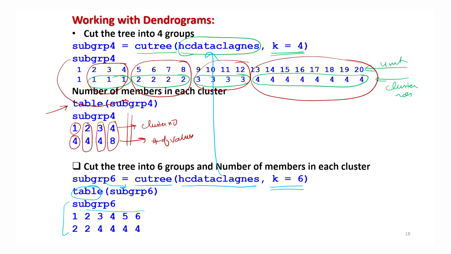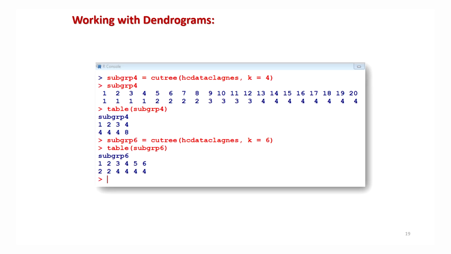Here 1 2 3 4 5 6 are the cluster numbers, and these are the number of units. Cluster number 1 has 2 units, cluster number 2 has 2 units, cluster number 3 has 4 units, and so on. And this is the screenshot of the same outcome which I have shown you.